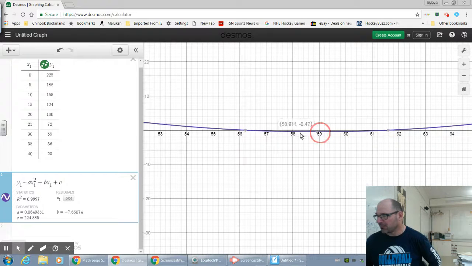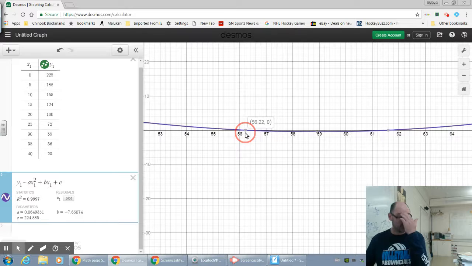So it's probably going to empty here first, and then once it's empty, it's going to stop, right? It's not going to go into negatives, and it's not going to go over here. So the first point where it gets to be 0 is right there. You can even see the dot that the Desmos makes. So 56.22 minutes would be when it's approximately empty.